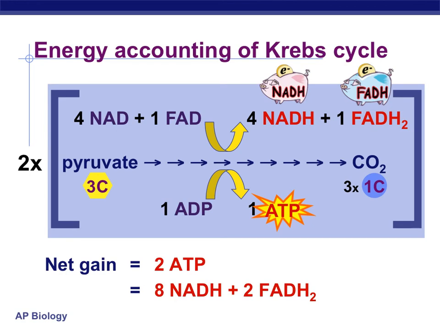Remember that this happens twice again, so you can double these numbers. We kicked out an ATP directly by substrate level phosphorylation here in the Krebs cycle. So here's our net gain so far just from the Krebs cycle.